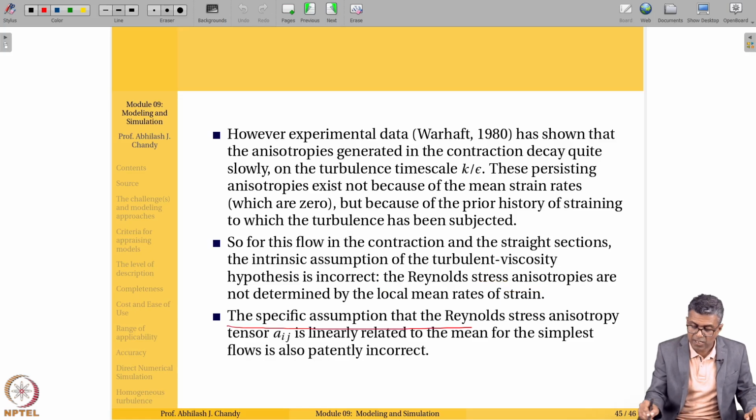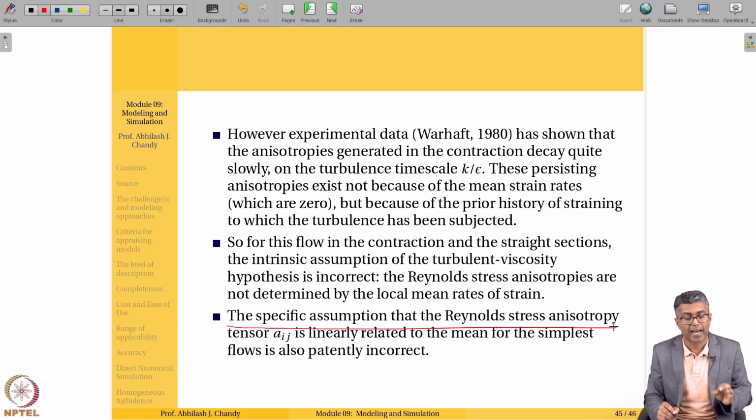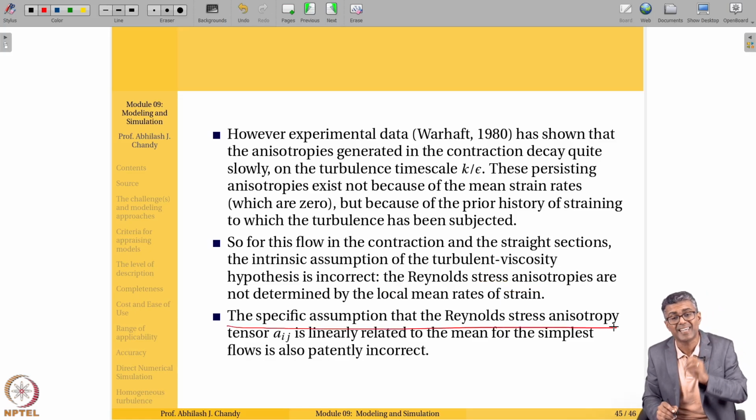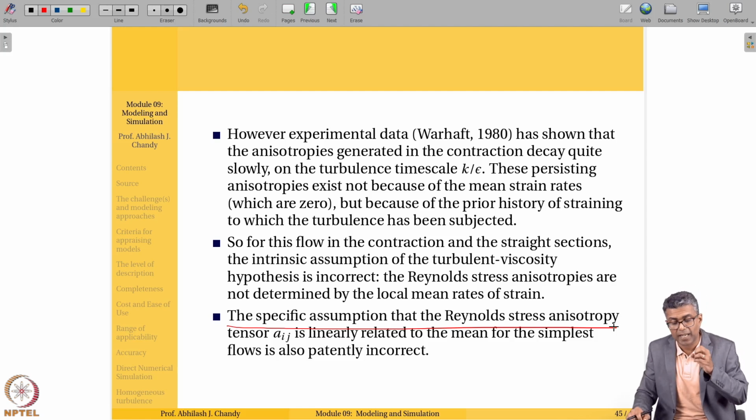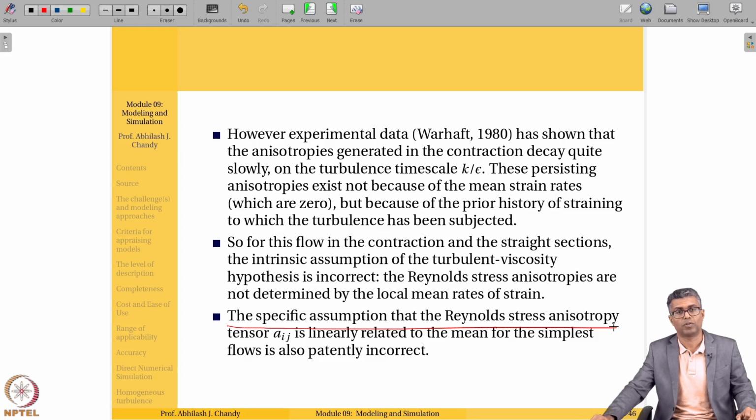So the specific assumption that the Reynolds stress anisotropy tensor is linearly related to the mean strain rate is just going to be simply incorrect. It is not equal to nu t times this thing, right? That comes from laminar flows, the fact that it is equal to viscosity times mean strain rate. But the intrinsic assumption itself is wrong, and the specific assumption is also wrong.